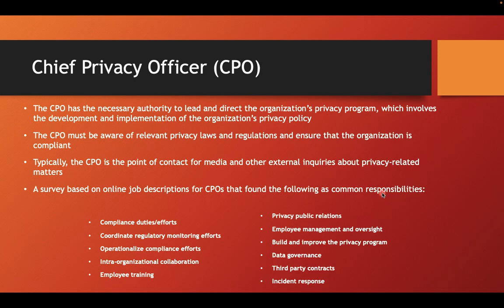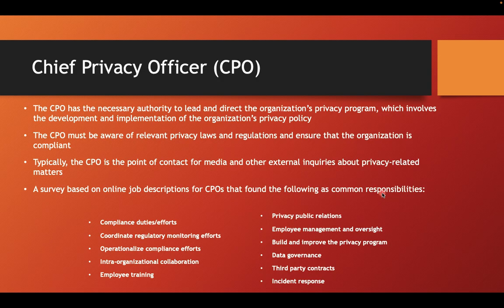Now, the chief privacy officer also has to be aware of the relevant privacy laws and regulations, and ensure that the organization is compliant with the privacy laws and regulations of the government, of the country in which this organization operates. Typically the chief privacy officer is the point of contact for media and also external inquiries about privacy-related matters that have to do with the organization or the enterprise with the outside world.